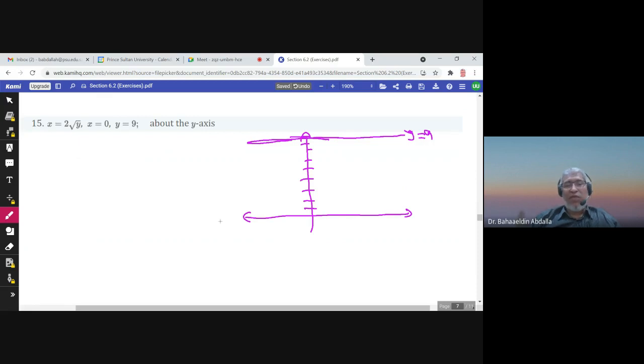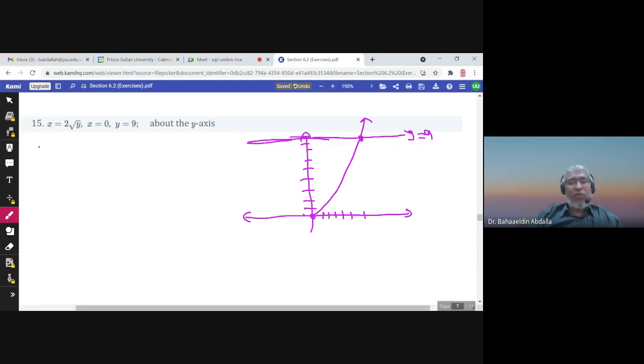Well, this curve, if y is 0, x is 0, so it passes by the point 0, 0. And I'd like to know if y is 9, what would happen? If y is 9, 2 times square root of 9, 2 times 3, that's 6. So x is 6, 1, 2, 3, 4, 5, 6. So it will intersect this line at this point, and it would go like this.